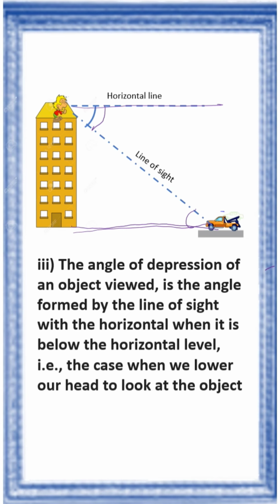If we are given any one of the height, distance or line of sight, it may be rope, ladder, etc., we can find the other two by using trigonometric ratios.